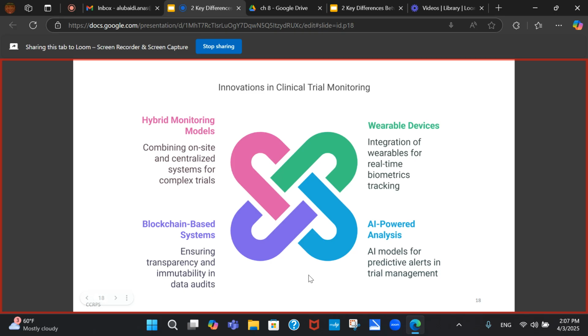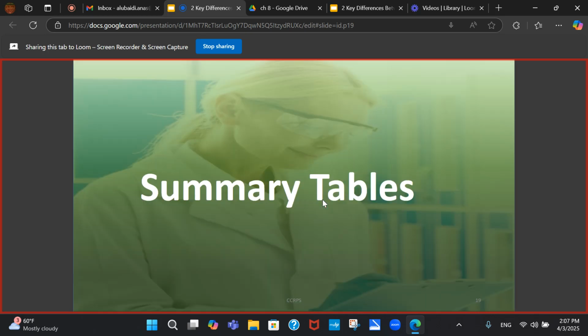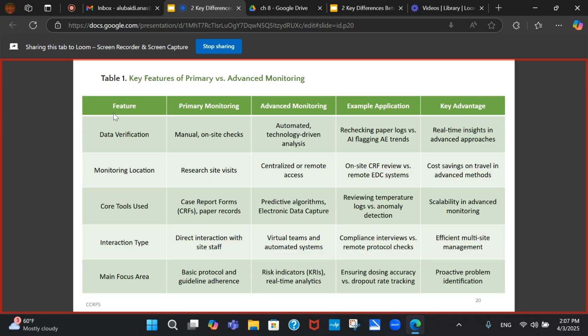Summary tables. Now here we have the summary tables. For instance, table 1, key features of primary against advanced monitoring. We have the feature and how it applies to each, whether data verification, monitoring location, core tools used, interaction type, and main focus area for each primary and advanced, with an example for each.